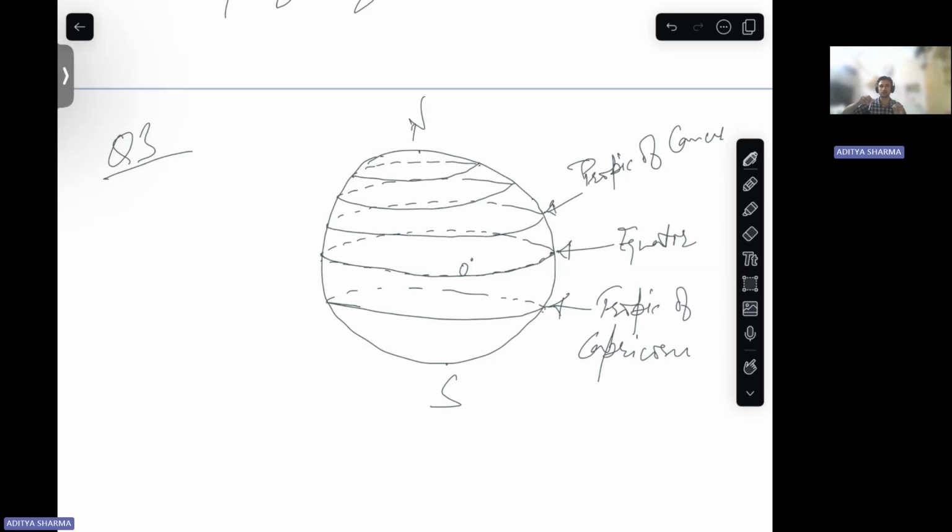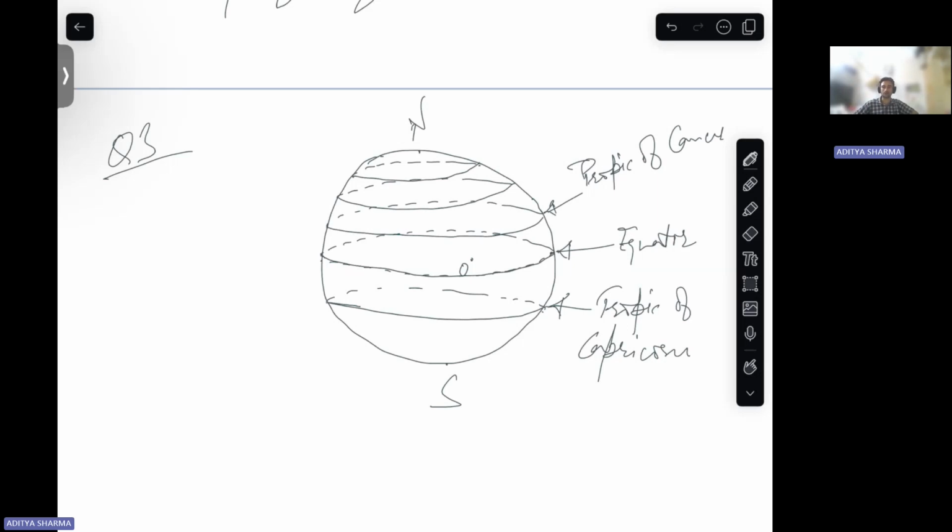So when there are summers in Australia, there are winters in India, and when there are summers in India, there are winters in Australia. So this is the region where you get the maximum solar insolation, and the poles are those regions where you get the minimum.